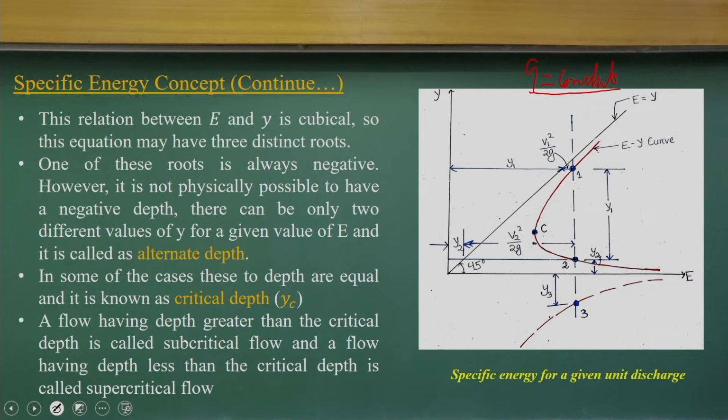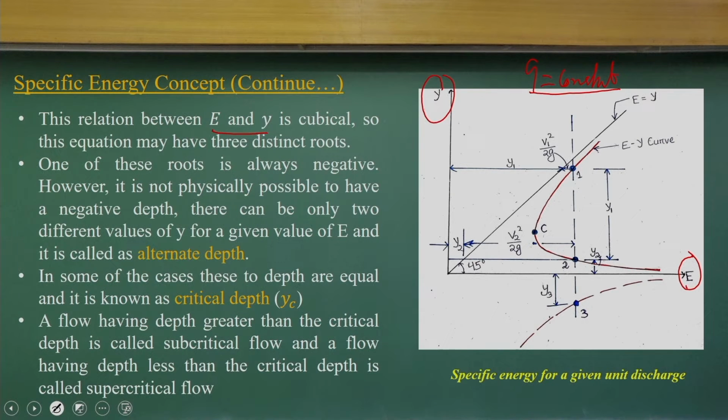If you consider that, then there is a relationship between E and y, that is what we have got. It is a cubic, and nowadays you can solve these equations, it is not a big issue, but let us see the behavior of the solutions, if I plot E versus y, where E is the specific energy and y is the depth.